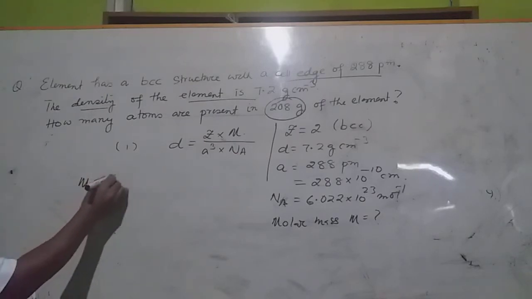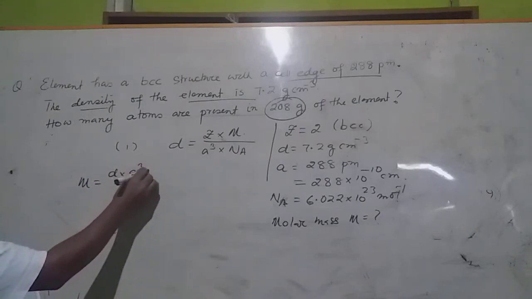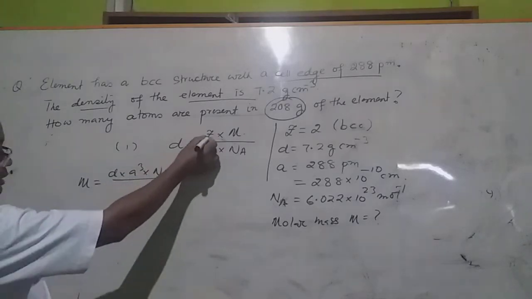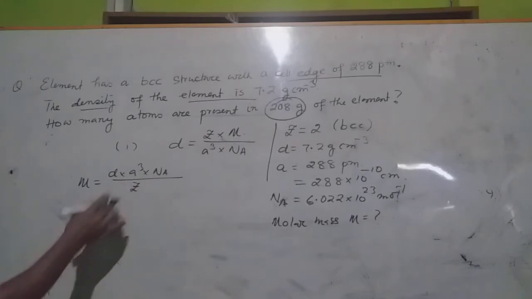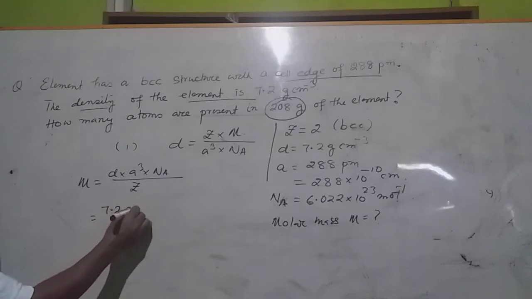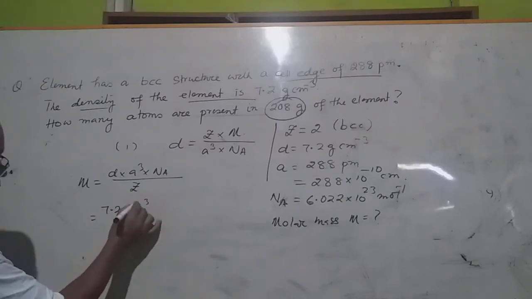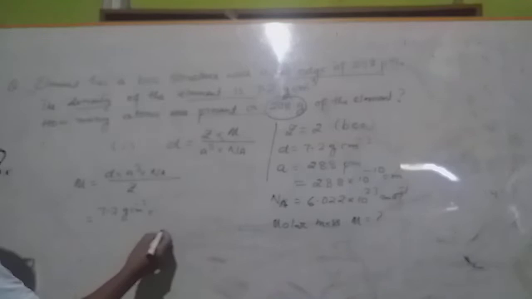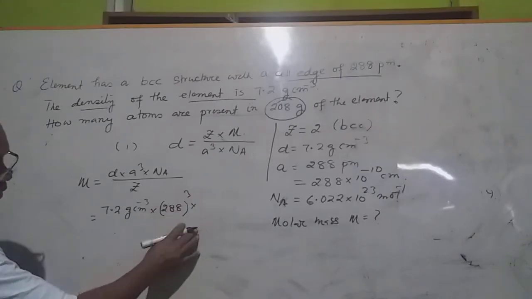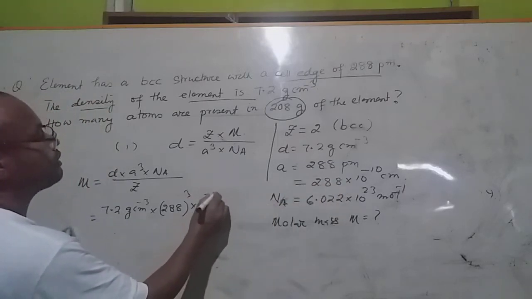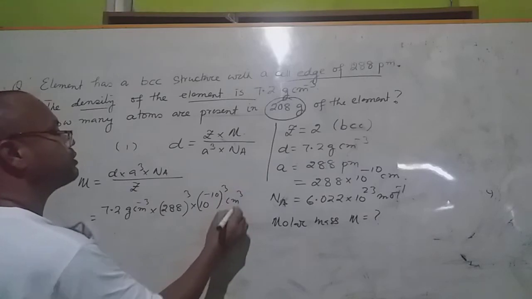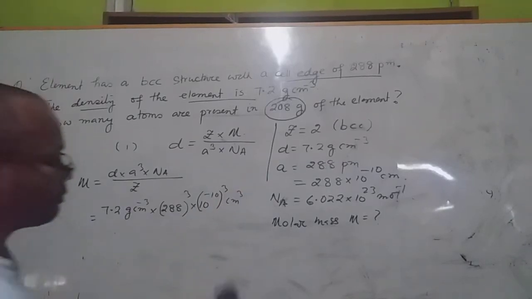Molar mass is equal to D into a cube into Na divided by Z. The D is written here, 7.2 gram per centimeter cube, and into a cube, that is 288 cubed multiplied by 10 to the power minus 10, all in a bracket cubed, and centimeter also cubed.